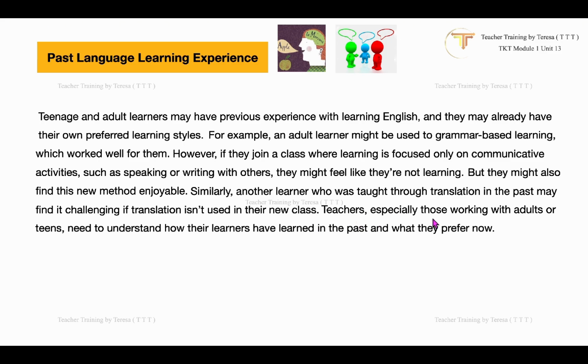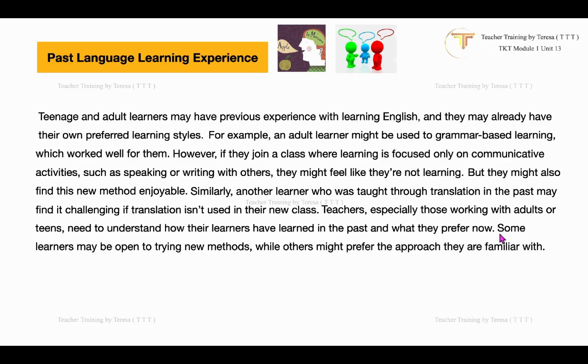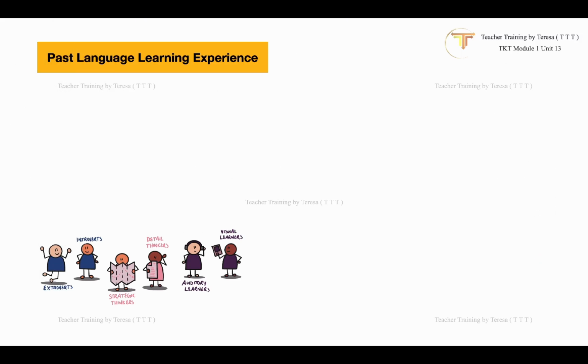Teachers, especially those working with adults or teens, need to understand how their learners have learned in the past and what they prefer now. Some learners may be open to trying new methods, while others might prefer the approach they are familiar with.